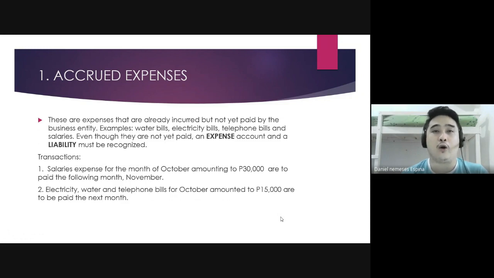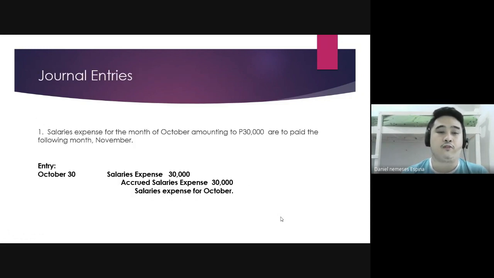So how do we journalize those transactions? For the first transaction, salaries expense for the month of October, amounting to 30,000 pesos, to be paid the following month, November. We have to recognize the expense for that month, right? Because we must follow the income and expense recognition principle, or the matching principle.